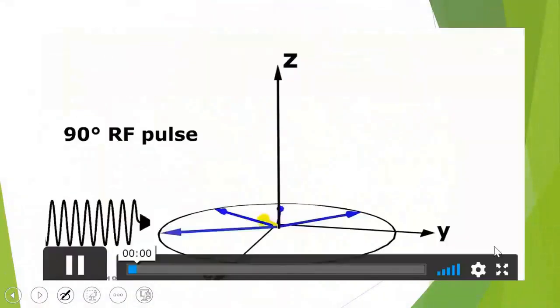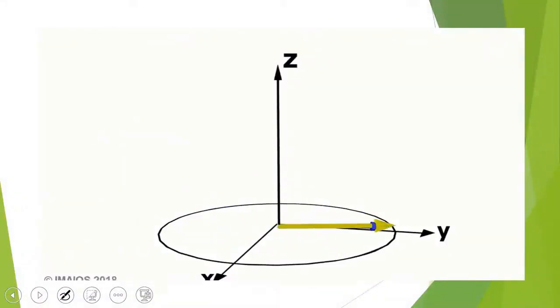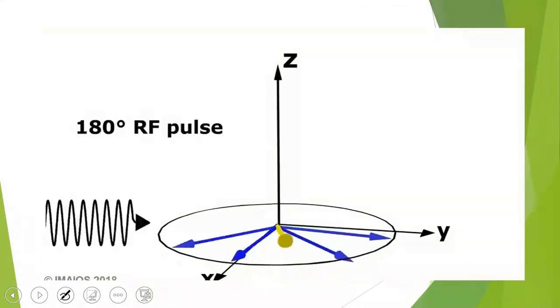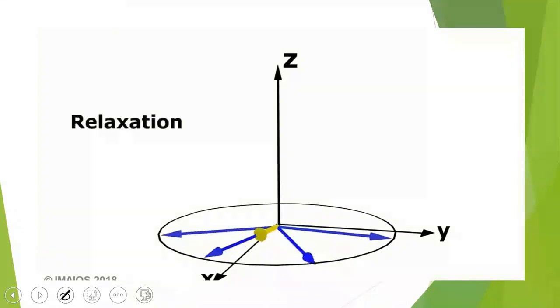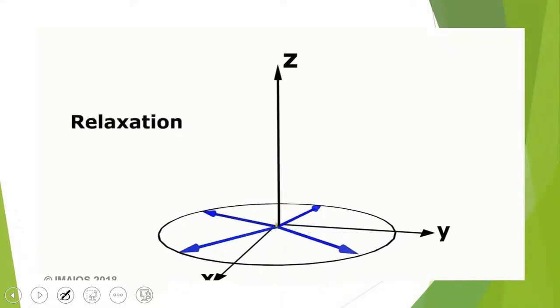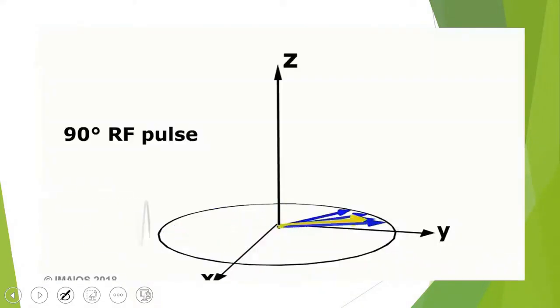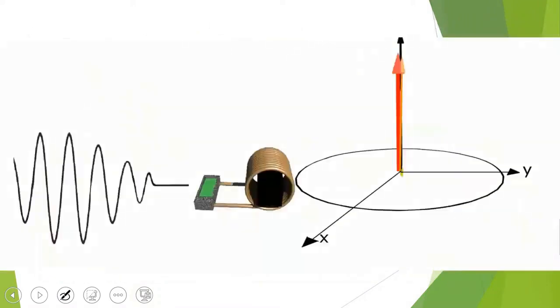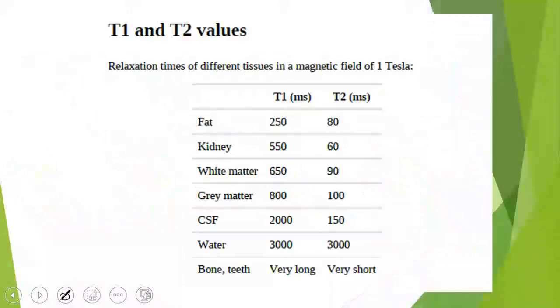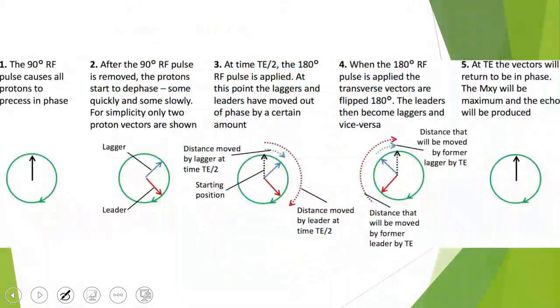Look here, this is the proton, like this, all in the X and Y. Look at what happens in the relaxation. This difference occurs because of the inhomogeneity in the magnetic field, and as a result, it increases. There's something else to consider. Look here.